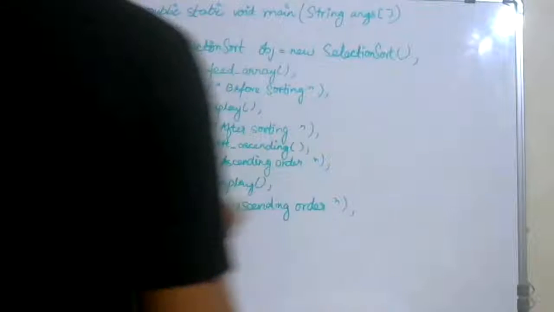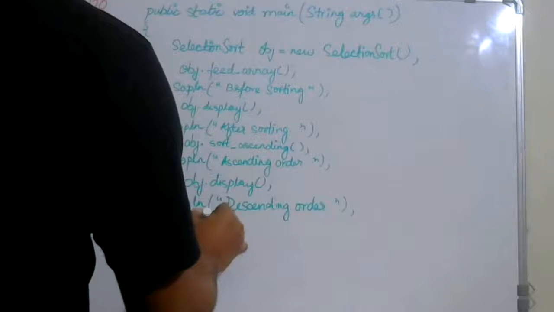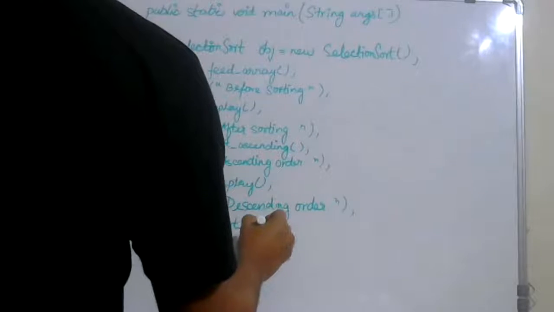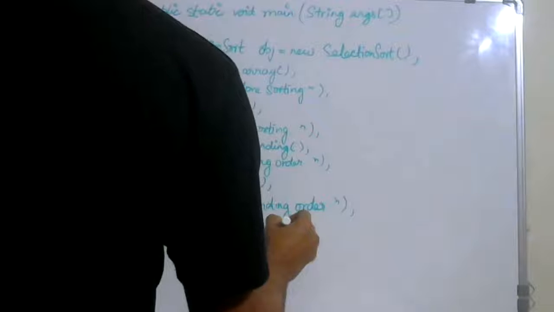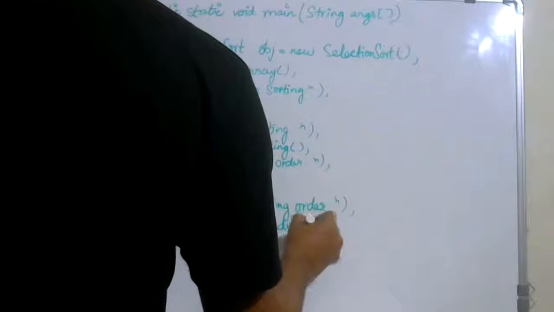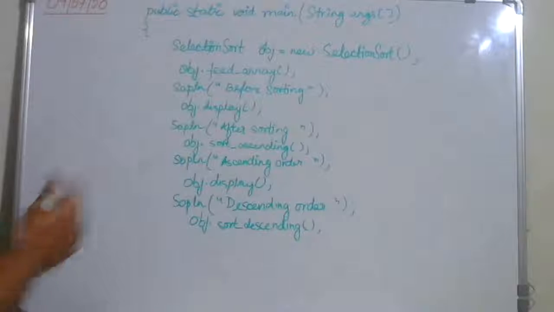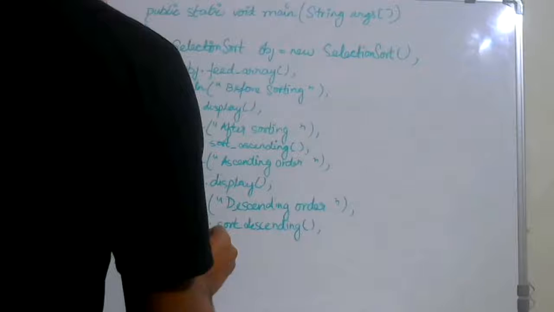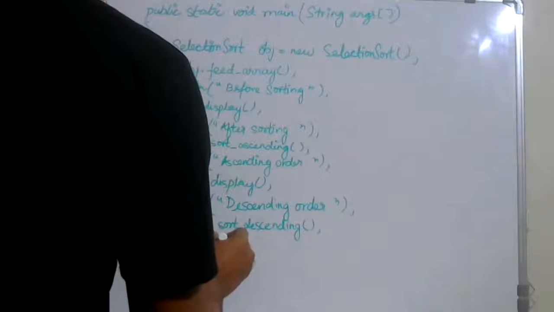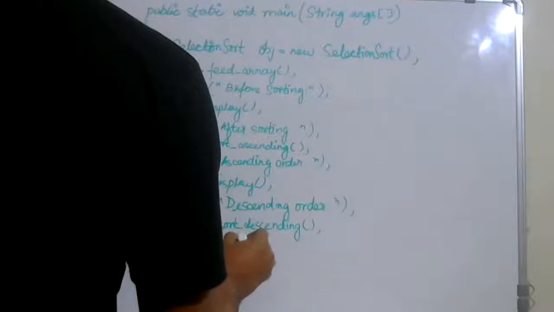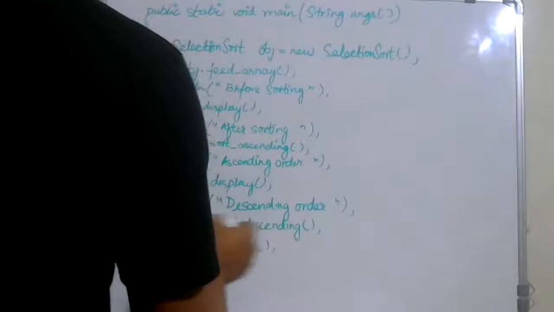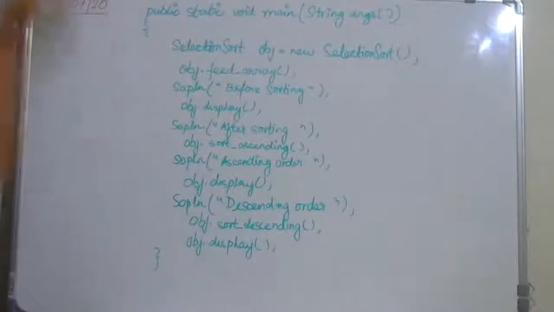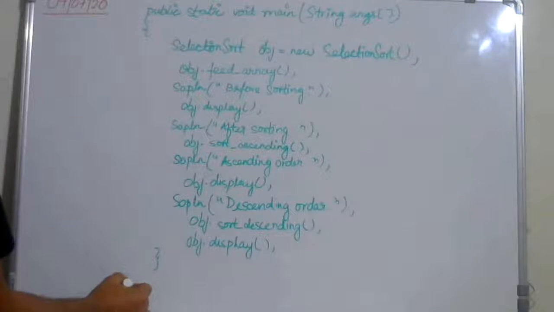So, descending order, we call the sort descending function, and after sorting, to display the array we again call the display method. That's the end of our main function, and this is the end of our class.